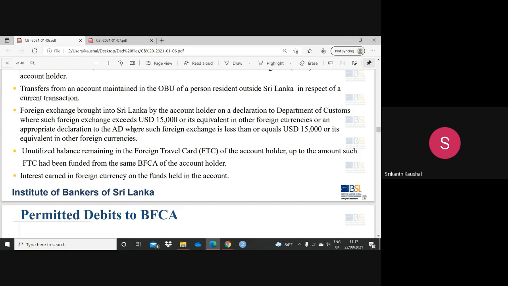So remember, when you are giving a declaration, anybody can give a small receipt of declaration. That is not valid. You have to show the passport where you arrived. That is very important. So I am coming to the bank and saying I came last week and brought $10,000 with me. So I am giving a letter, that is a declaration.